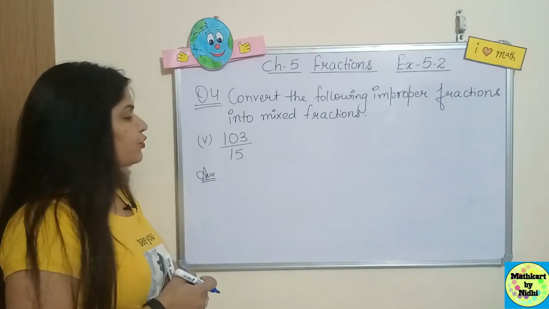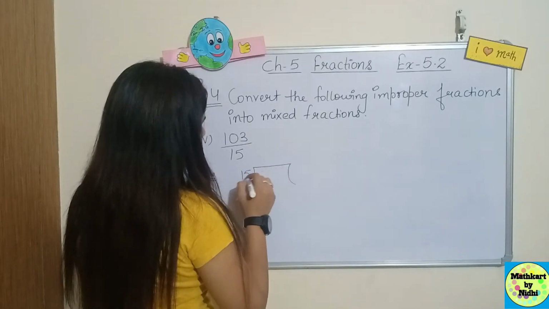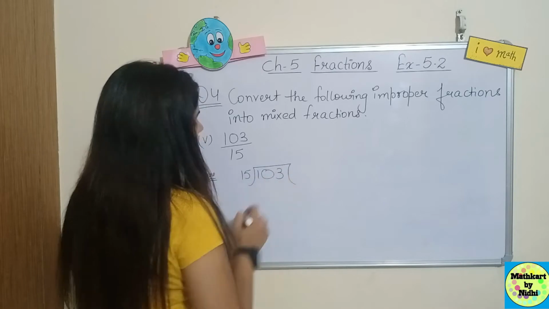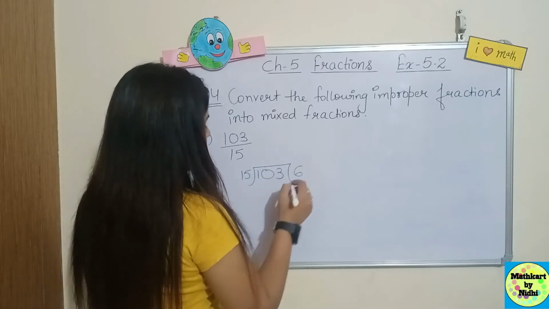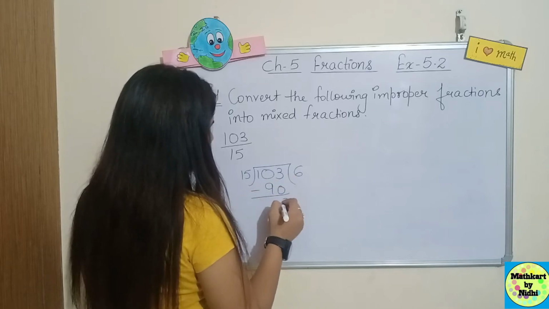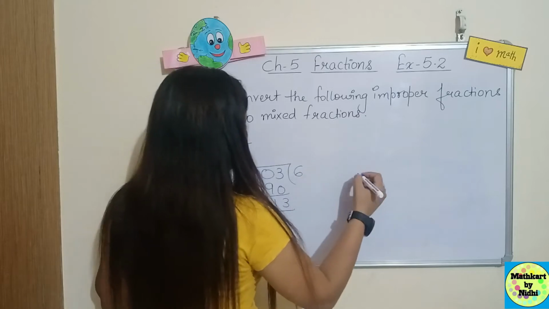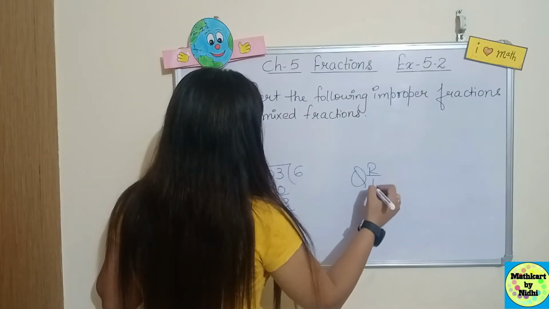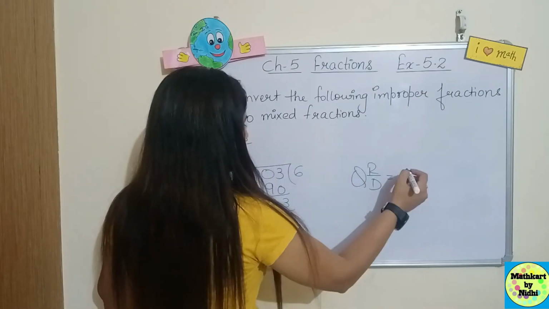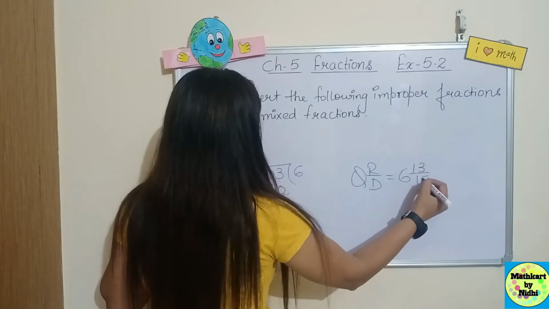Fifth part is 103 upon 15. We know 15 6s are 90. So when we subtract, we get 13 as the remainder. So QRD will be: quotient is 6, remainder is 13 and divisor is 15.